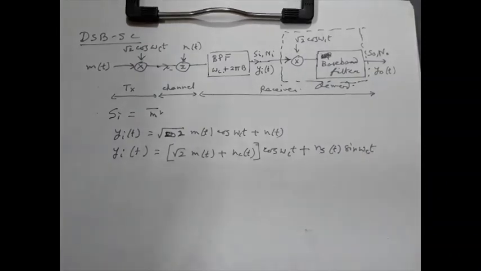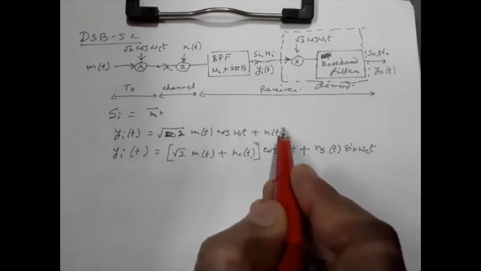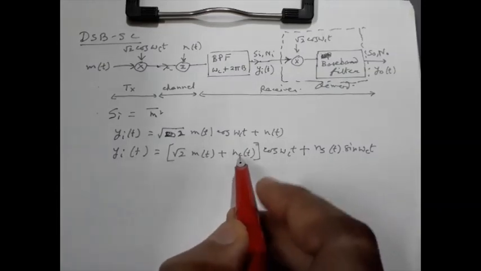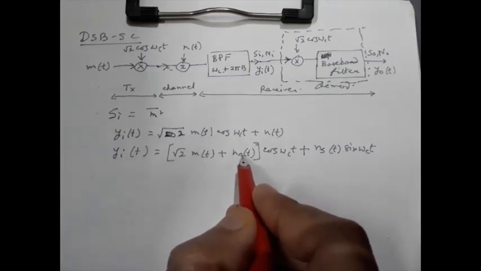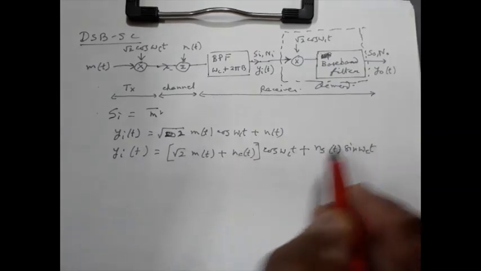NST is the quadrature phase component. Since this noise becomes narrowband, we can write it using the conventional expression for narrowband noise with in phase component and quadrature component.